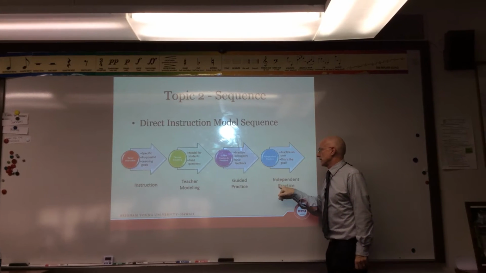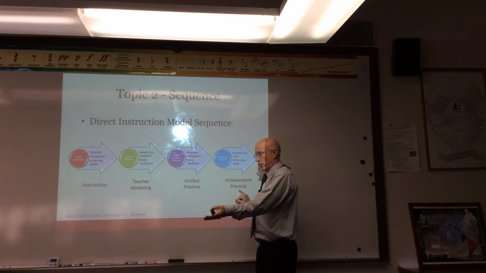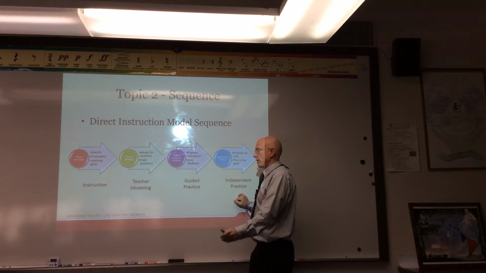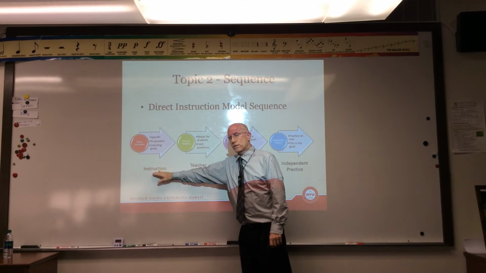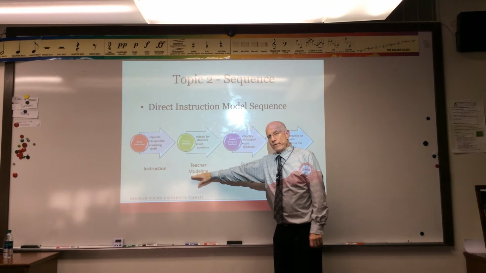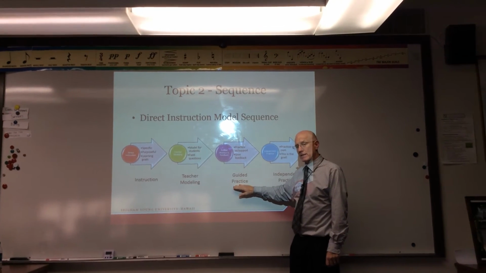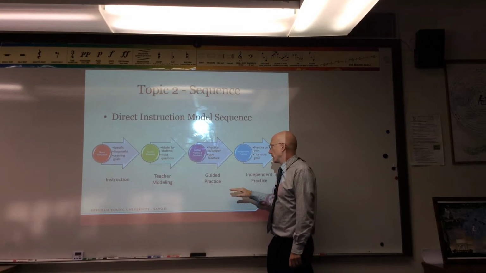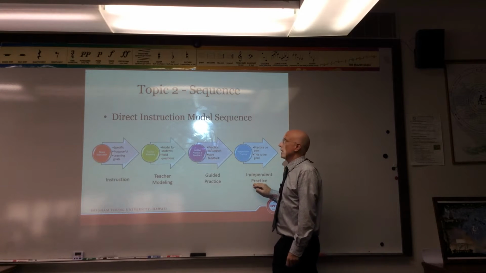Finally, there is independent practice. This is where the student tries the skill on their own. Okay, so we give an overview of the instruction. We provide teacher modeling. We provide guided practice and feedback for the student. And then it's independent practice. Time for the student to try it on their own.